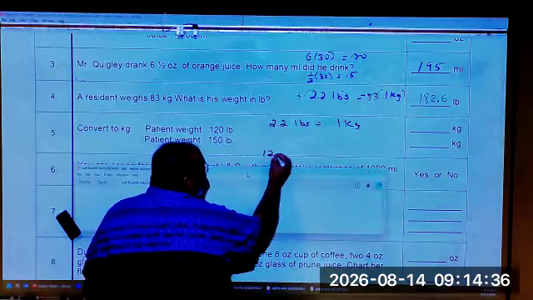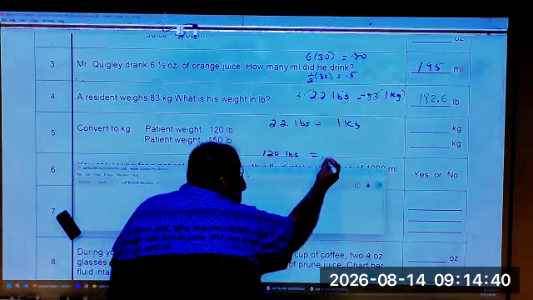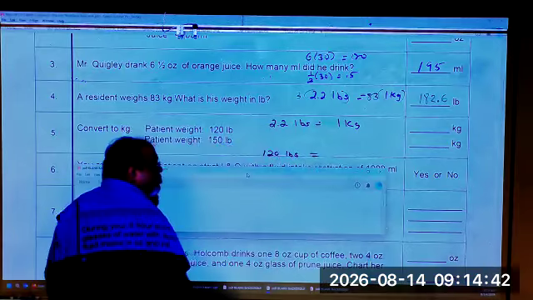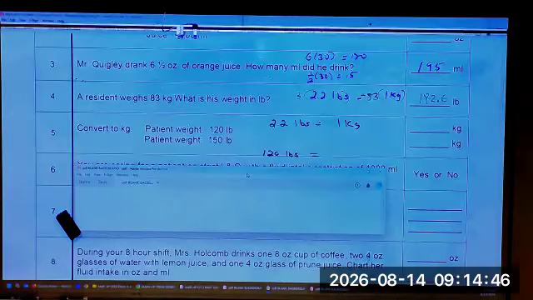I want to know what 120 pounds is going to equal. So here's probably the best way: get the conversion for 1 pound and then multiply both sides by 120.